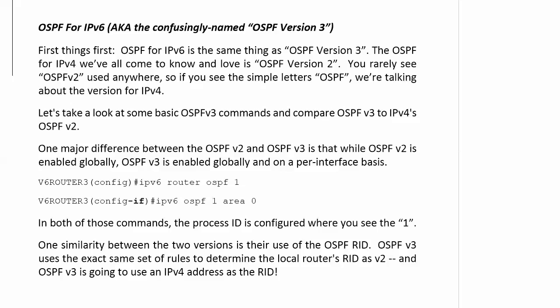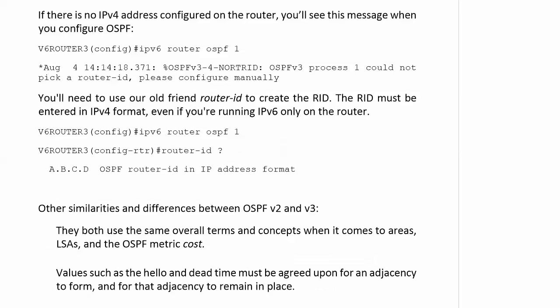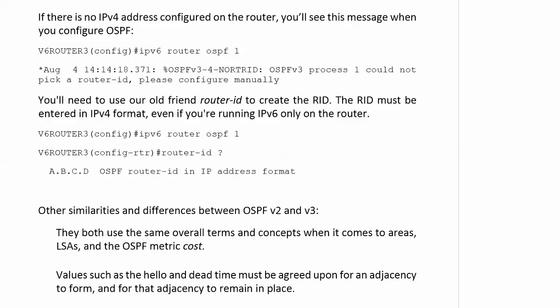Now, one similarity between the two versions is their use of the OSPF RID. OSPF version 3 uses the exact same set of rules to determine the local router's RID as version 2 did. And I know this is going to sound bizarre, but it's true. OSPF version 3 is going to need to use an IP version 4 address as the RID. So of course what you're already thinking is, what if there isn't one? What if, because of the routers we've been working on here in the lab, we haven't put any version 4 addresses on there?